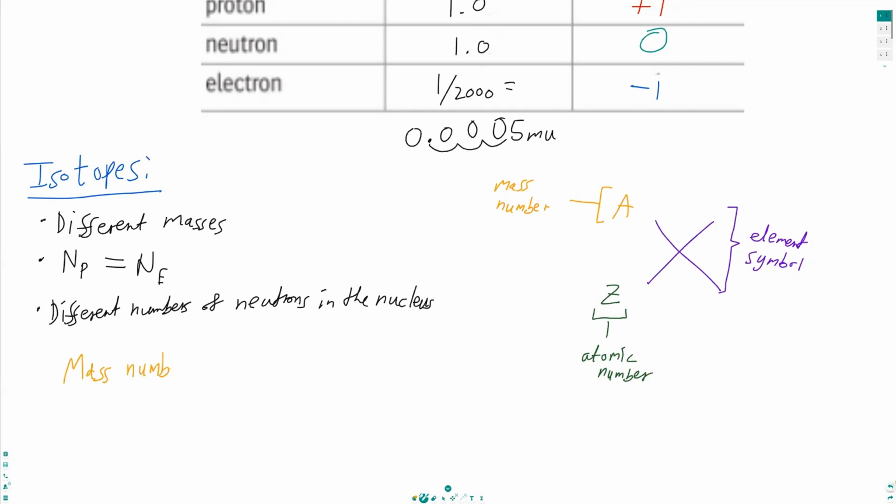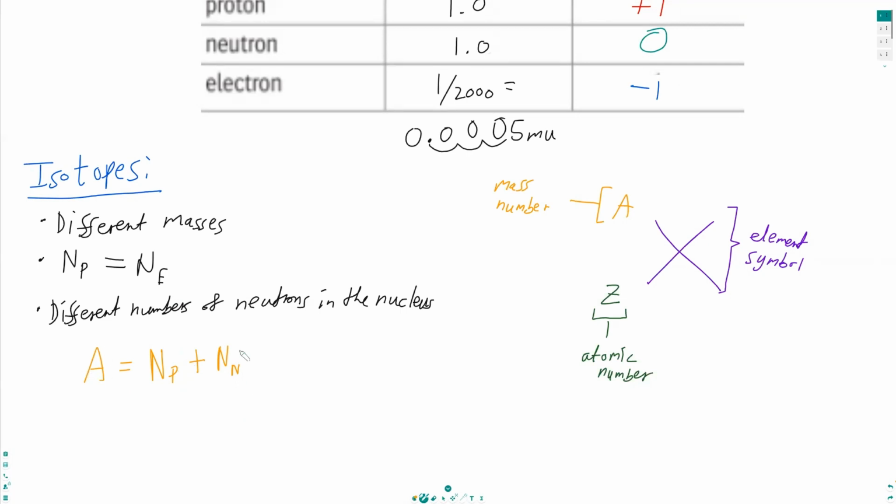Actually, I'm going to write it in shortened form. Mass number A is equal to the total number, N of P, the number of protons, plus the number of neutrons, which I will denote as N of N. So N of P plus N of N, where N of P is the number of protons and N of N is the number of neutrons.